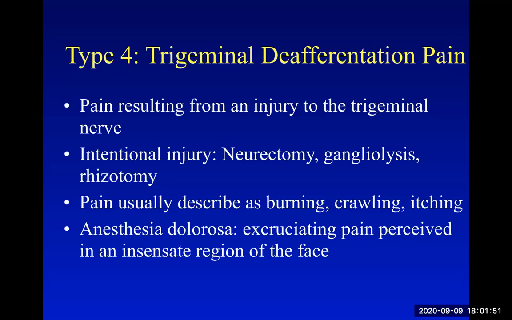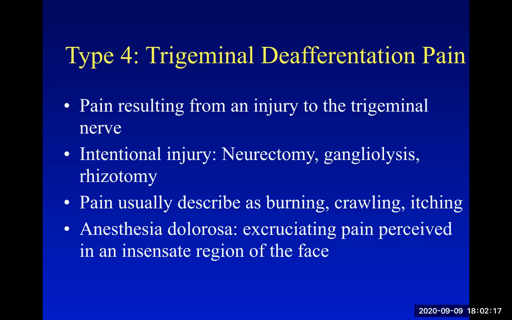Trigeminal neuralgia has been considered some of the worst pain that somebody can ever encounter, but anesthesia dolorosa is probably the one type of pain that's worse. It's very rare, so we don't see it that often, but it's this really sharp, excruciating pain in an area of the face that's also got some numbness going on.